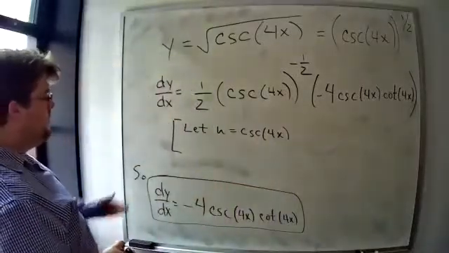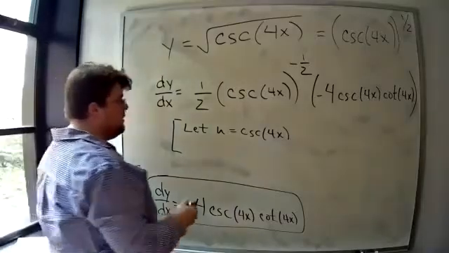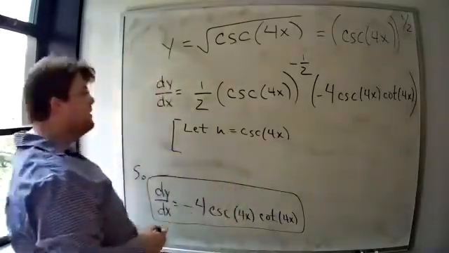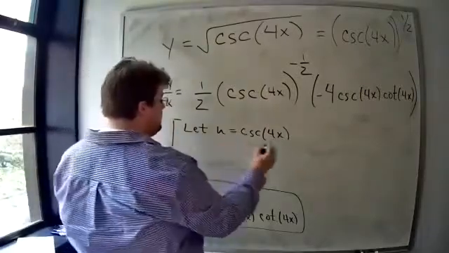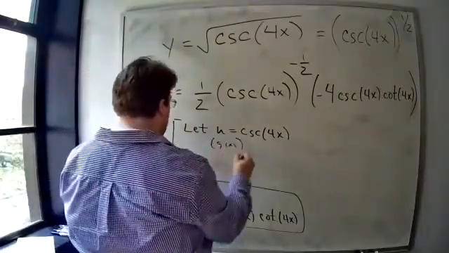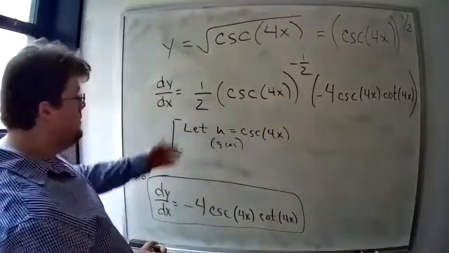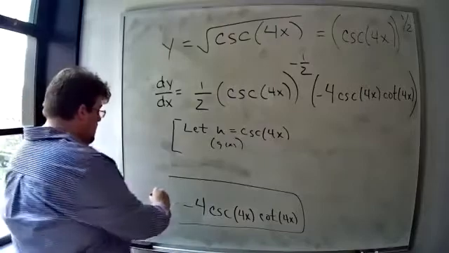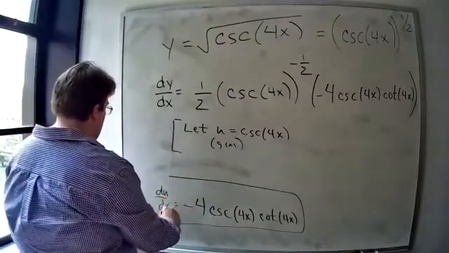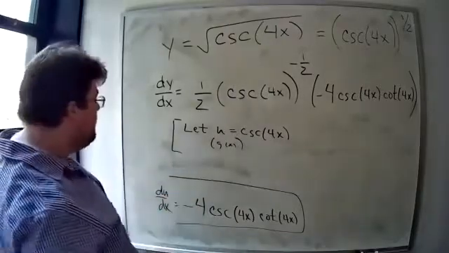In this case, if you did want to go through the substitution, u would be cosecant 4x, or g of x would be cosecant 4x. And then du/dx is down here. And dy/du is half u to the -1/2.